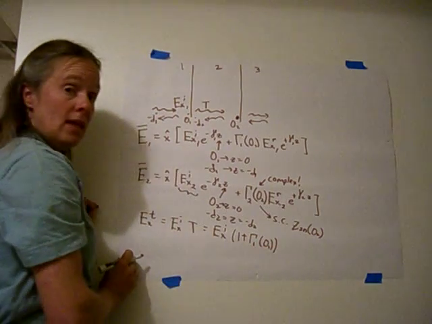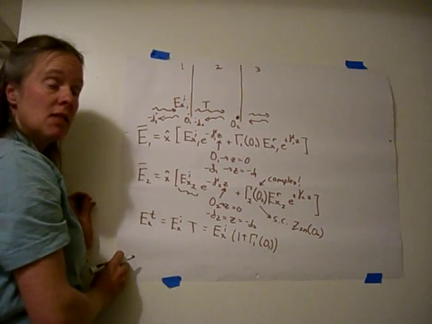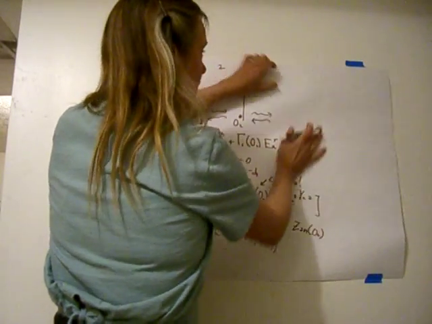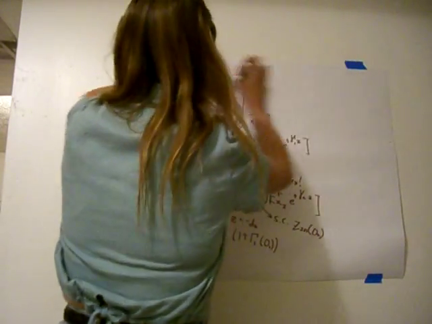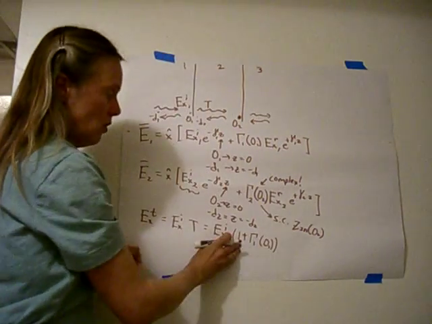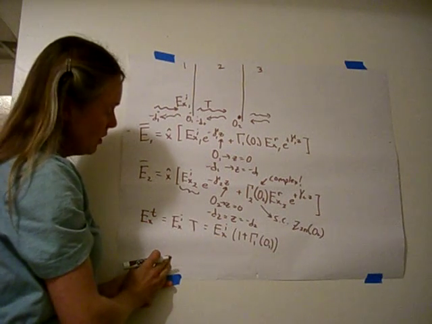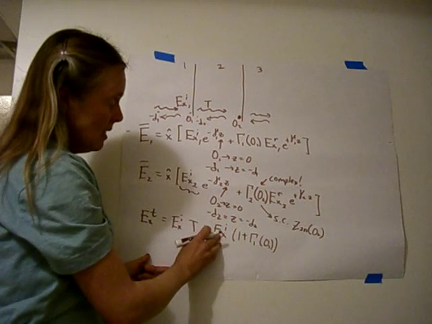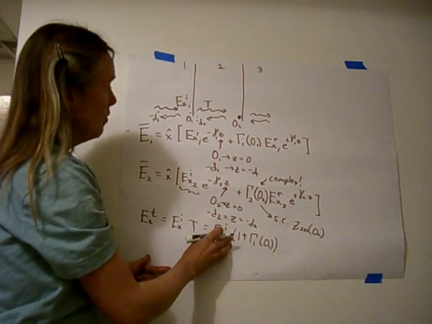You can also read the transmission coefficient directly off the Smith chart just by using the different set of lines underneath the Smith chart and the different angles on the top of the Smith chart. So you can either read it directly or you can do just 1 plus the reflection coefficient. So here's our transmitted field. It's Ex incident times the transmission coefficient.